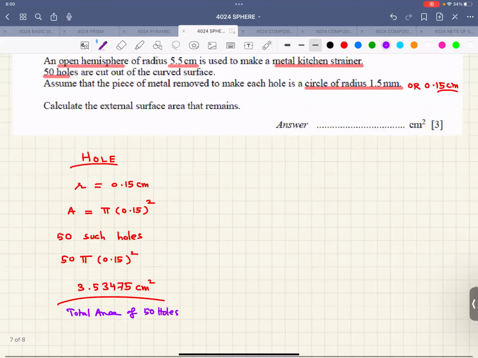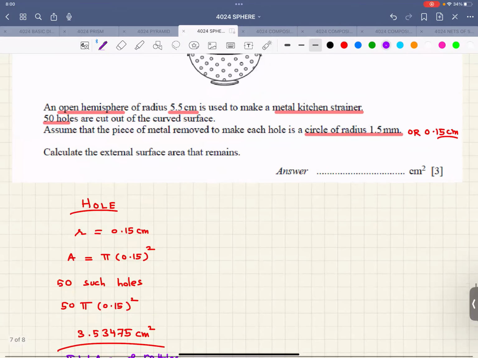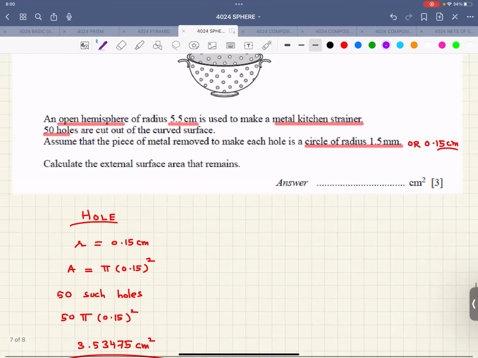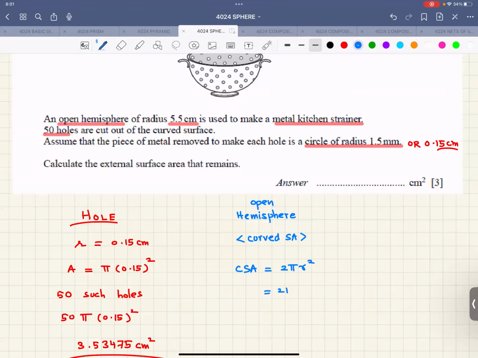What else is there? Then we have the curved surface area. So let me write the hemisphere. And since it's an open hemisphere, we are only interested in the curved surface area. So the curved surface area is 2 pi r square, which is 2 pi, and r is how much? 5.5 centimeters.